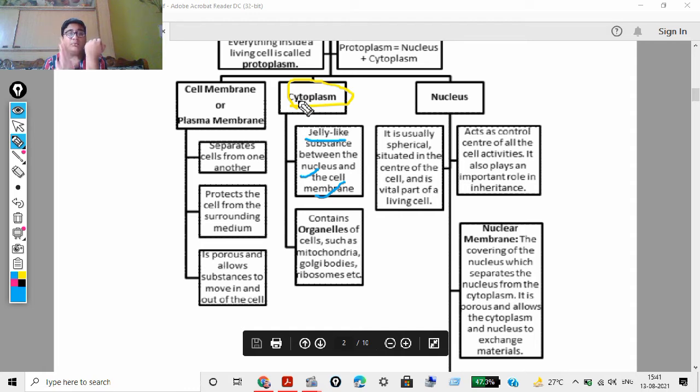Now this is a single cell and this is also a single cell. Let me take one by one. When this cell eats, takes nutrition, and nourishes itself, it also breaks into two parts, that is, the organelles.